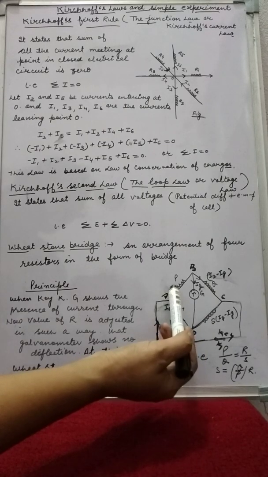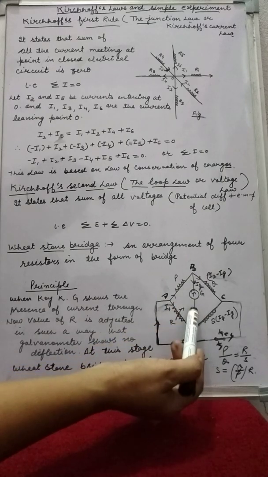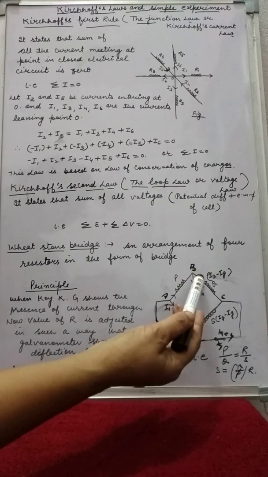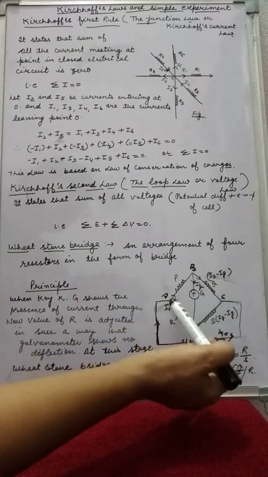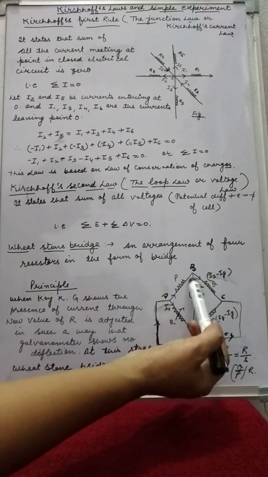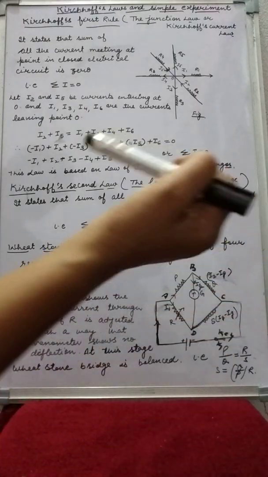This current I2 flows from here, through this arm that is Ig, and the remaining current is I2 minus Ig. What is the remaining current? I2 is the total current and Ig is the current flowing through the galvanometer, so the remaining current is I2 minus Ig.